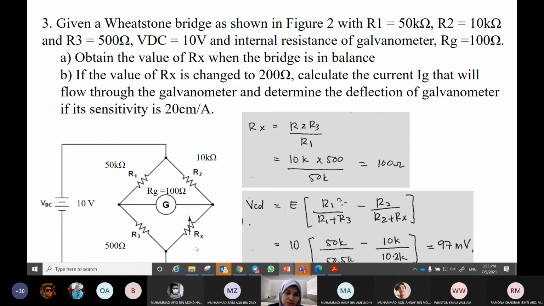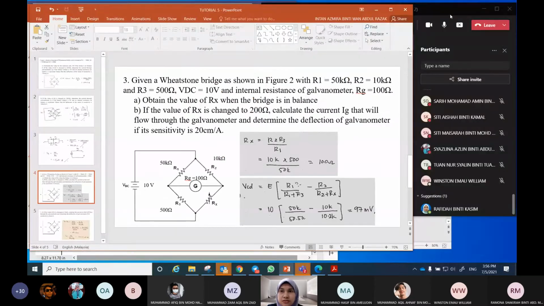R1 RS is equal to R2 R3, or R2 over R1 is equal to RS over R3. What else? You can use any formula, they are the same. So RS is equal to this. Substitute R2 equal to 10K, R3 equal to 500, R1 equal to 50K, and we get 100 ohm. This is the value of RS when the circuit is balanced or unbalanced.